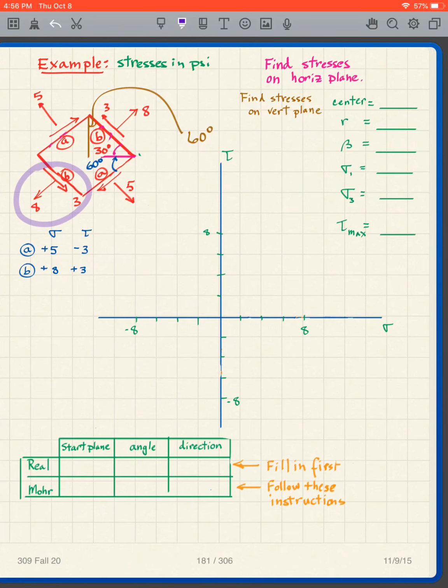On plane B, again I see tension, and I see counterclockwise, so I get positive 8, positive 3 for plane B. Now I can put those points on my Mohr plot.